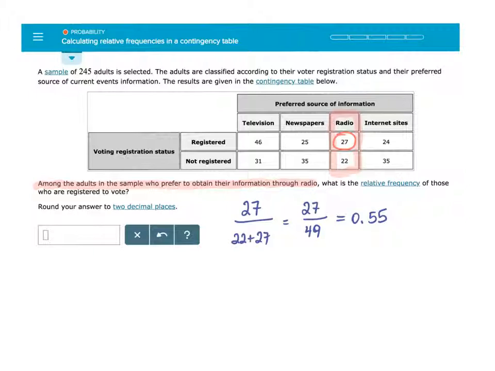So I'm looking at only those who are in the category of getting news through radio and registered to vote, 27 of them, out of all those adults who prefer to get their information through the radio. So 27 out of 49 total, and 49 comes from combining the two categories, registered and not registered to vote, together. 27 out of 49 yields 0.55 when rounded to 2 decimal places.